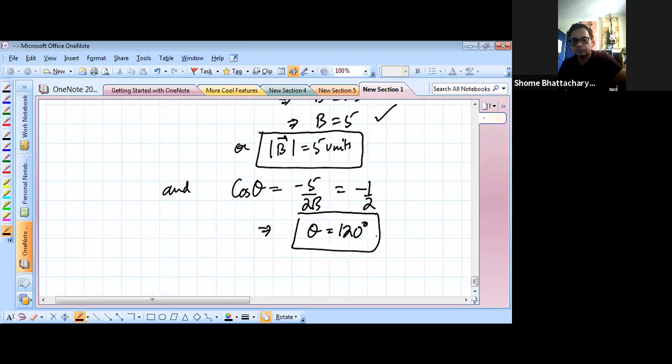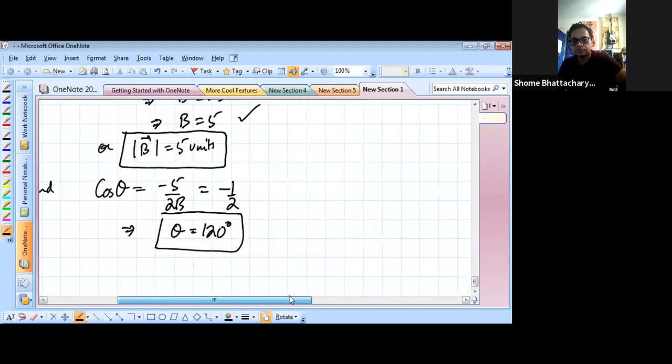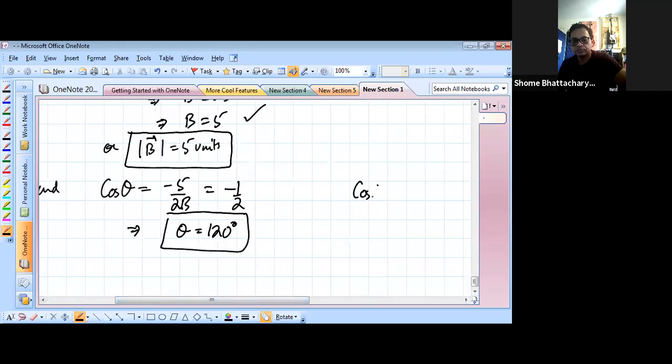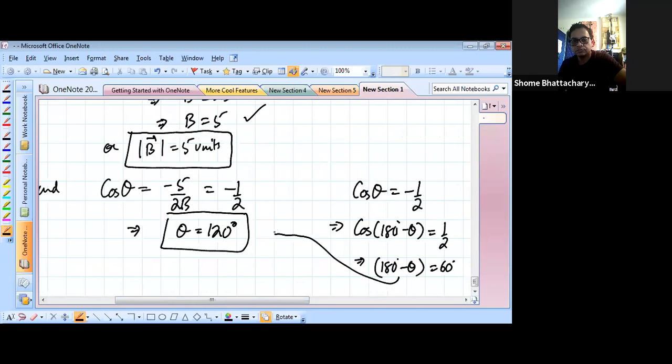Because theta is obtuse, remember we are using that. Cos theta is minus half means cos of 180 minus theta is half, which means 180 minus theta is 60, and that means that theta is 120.